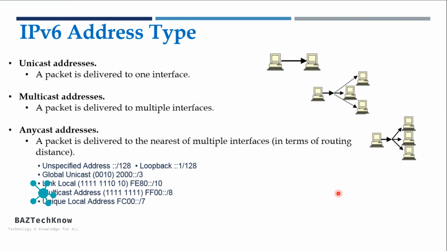What are the address types we were discussing in our initial slide? In IPv6, we don't use point-to-point or multipoint. We use unicast addresses. It's the same as point-to-point: my packet is going to one interface, that is unicast. Maybe a PC is communicating with a router, or a router with another router, or a PC with another PC.